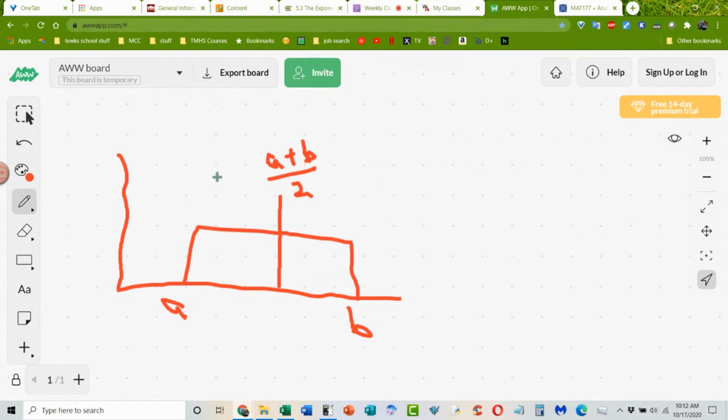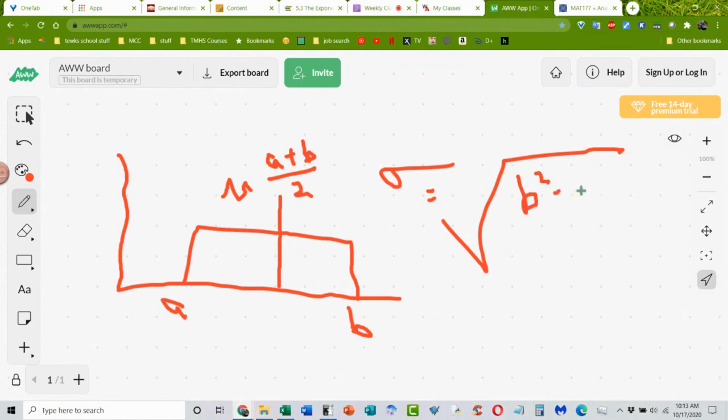So this is the mean. The standard deviation is the square root of B squared minus A squared over 12. And I don't know why any of those things are there. I've never seen a proof for it. I just take their word for it.